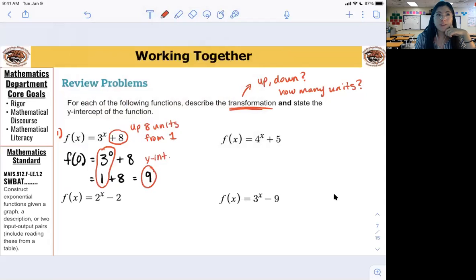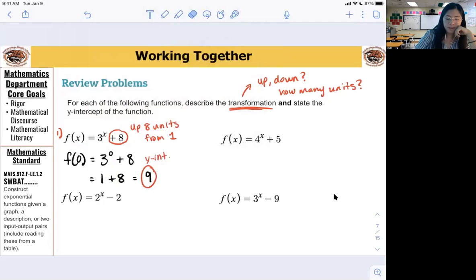What's negative 5,256 to the power of 0? 1. No, it's 1. What is 5,462.35826 to the power of 0? 1. What is anything to the power of 0? 1. It will always equal 1. Yes, ma'am. Always. We went over that 3 weeks ago. Anything to the power of 0 is 1.